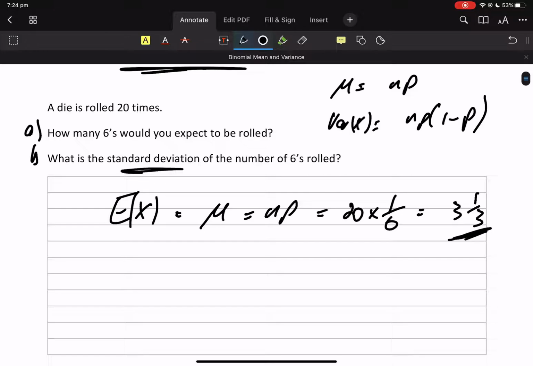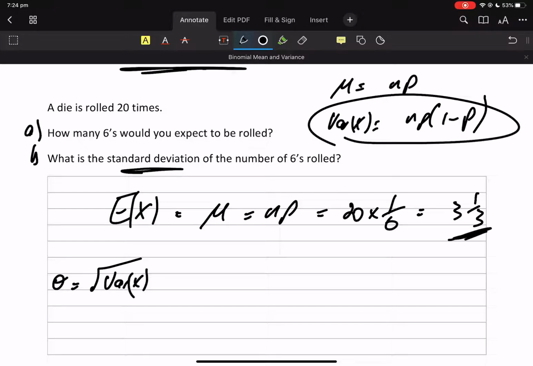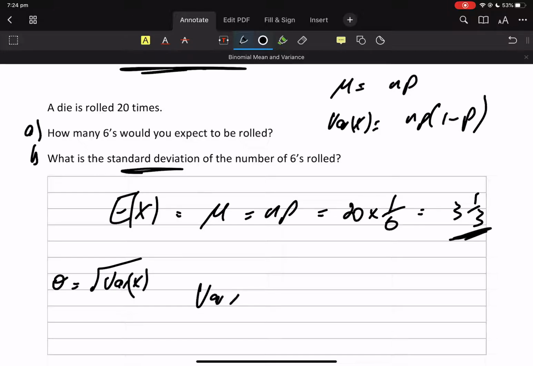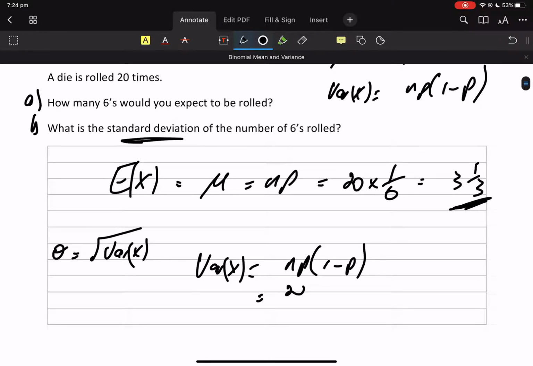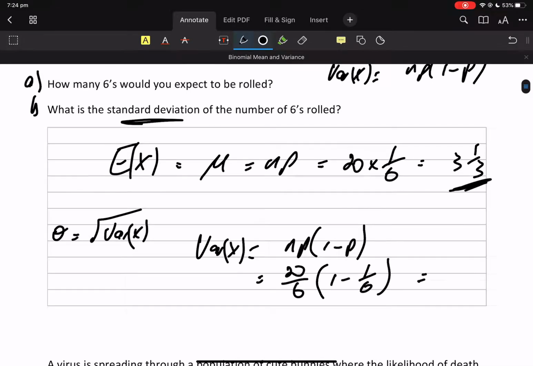Bit of a trick. We also know generally that standard deviation is the square root of the variance. So we need to find the variance first. Variance equals np(1 - p), which is just going to be 20 on 6, times 1 minus 1/6, which is 2.78.